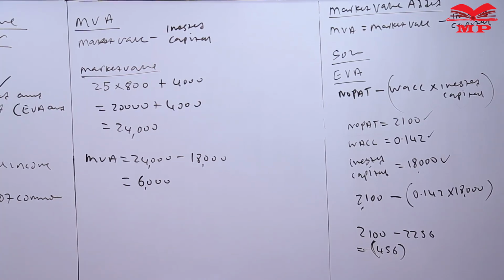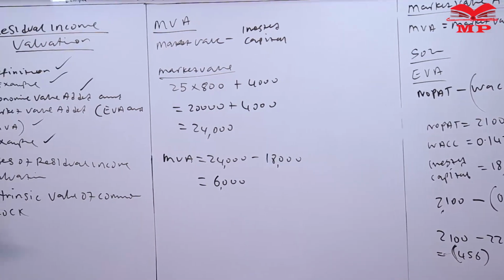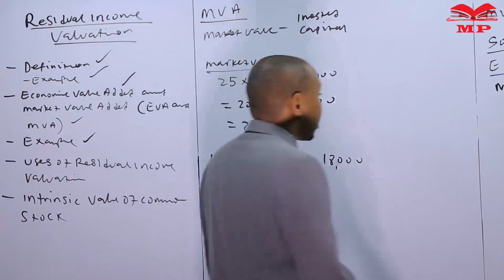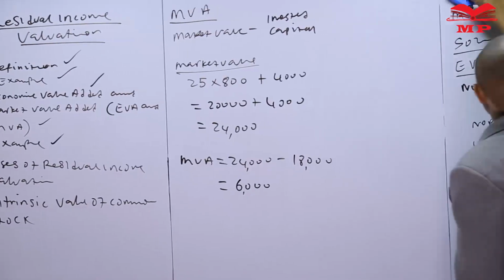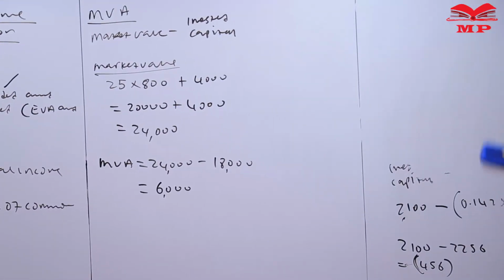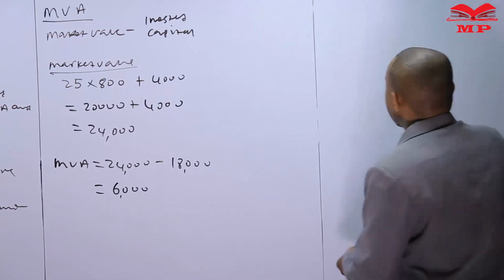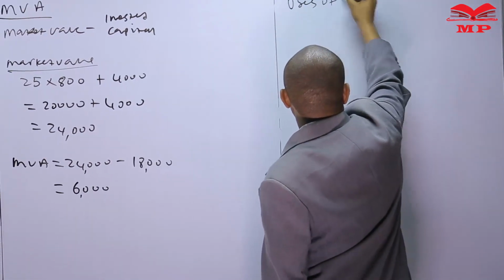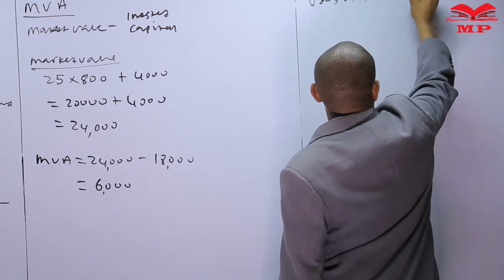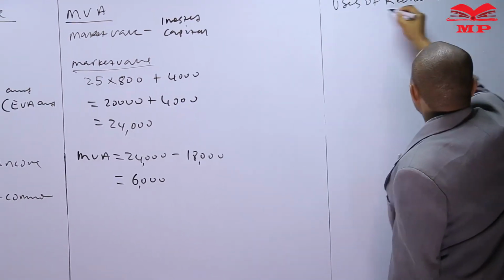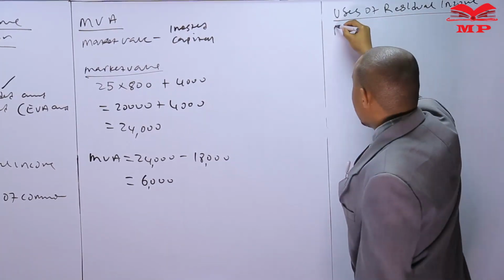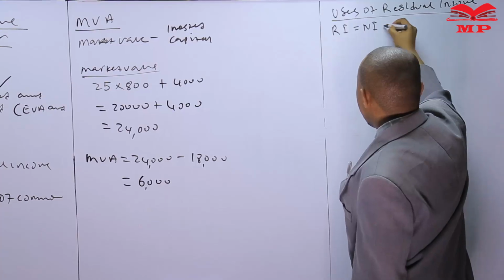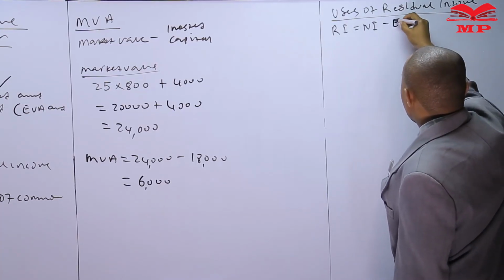Having done an example, we now need to move on and look at the uses of residual income valuation. Remember what we defined at the beginning: residual income, or RI, is the net income less the equity charge.